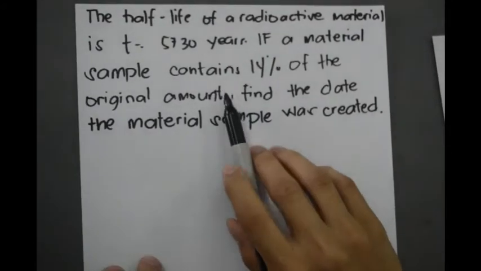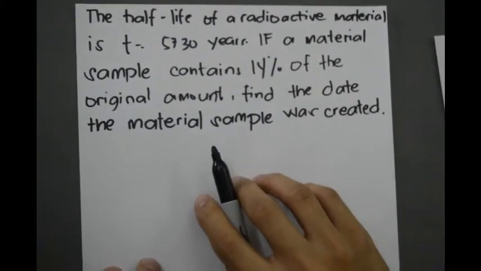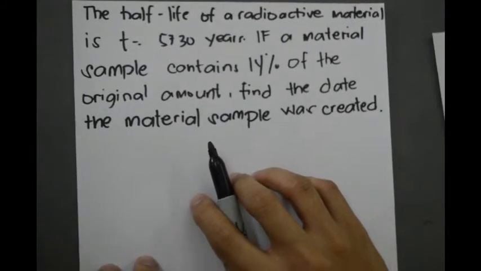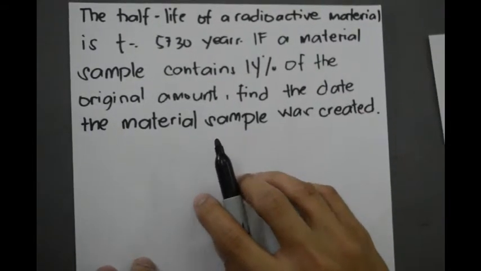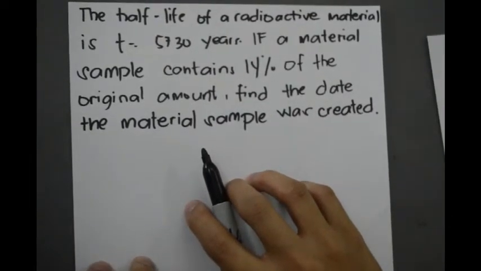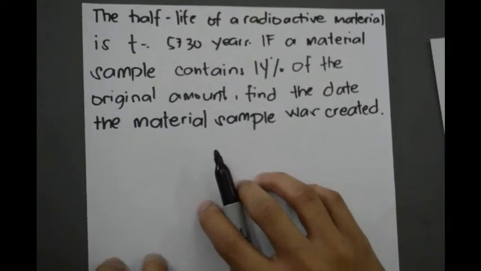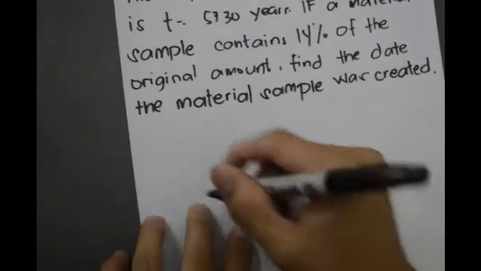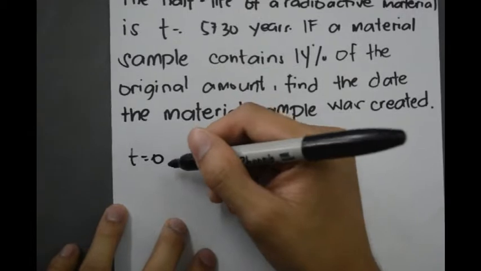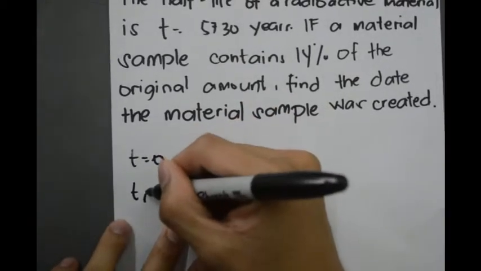The half-life of a radioactive material is T equals 5,730 years. If a material sample contains 14% of the original amount, find the date the material sample was created. Solution. Let us fix the time of the original amount at t equals 0, and denote the present time by t1.